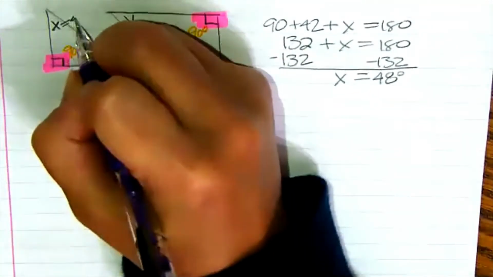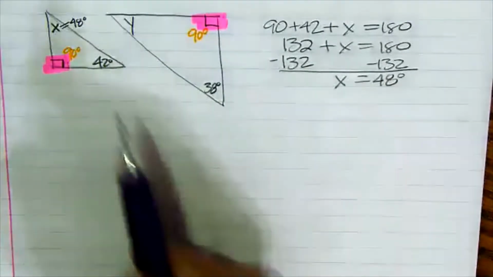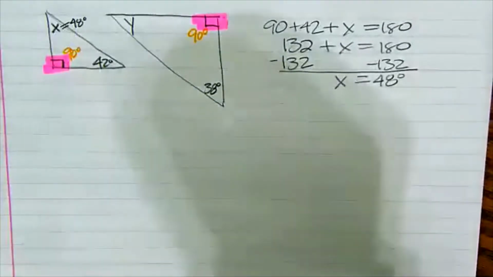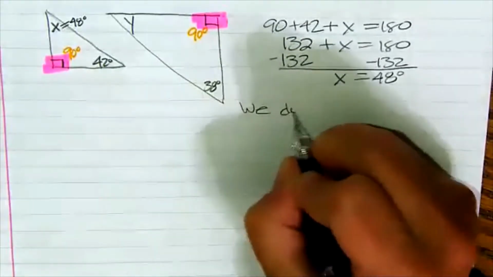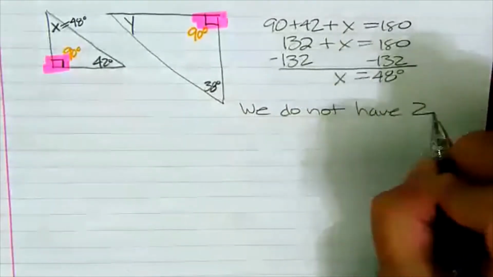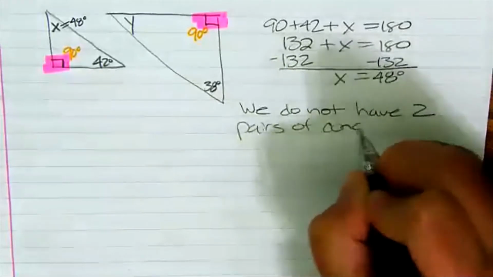Oh, we have a 42 and a 48, and a 38. So we do not have two pairs of congruent angles.